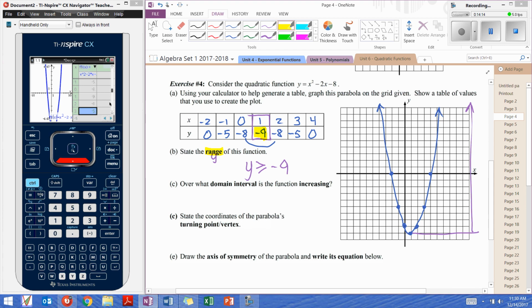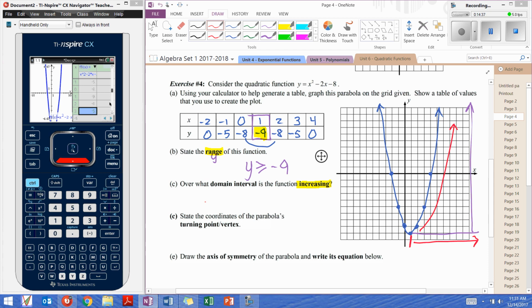All right, C, over what domain interval is the function increasing? Okay, so that means going up. All of those values here. So we are looking at this all the way over that way. X values, domain, the x's.